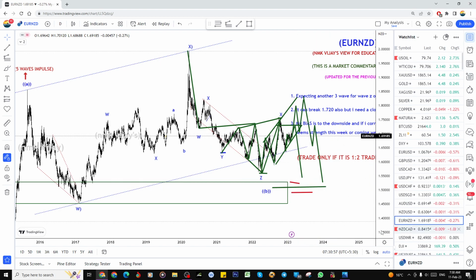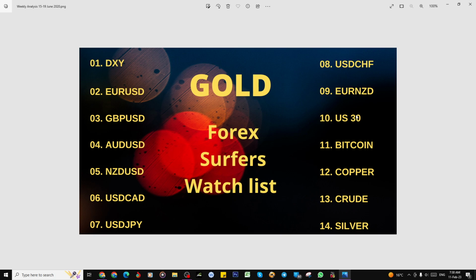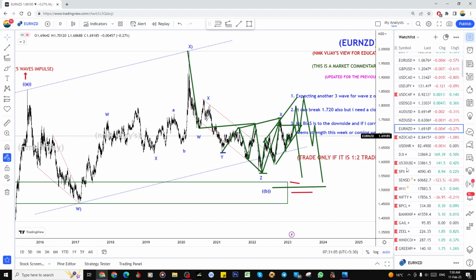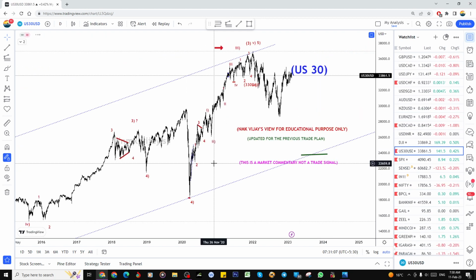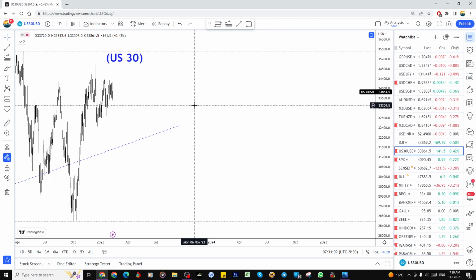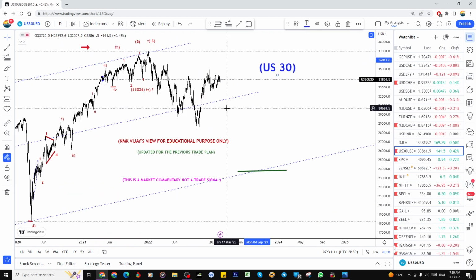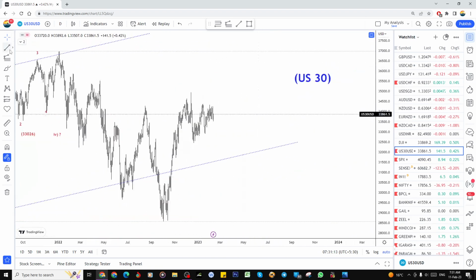So next is Euro New Zealand, US30. Look at this. This is the impulsive wave. After this correction, impulsive wave.